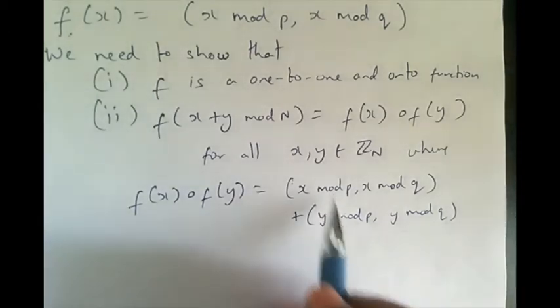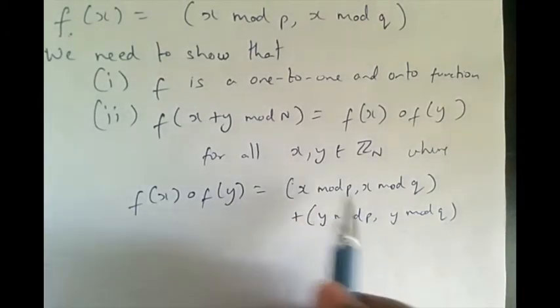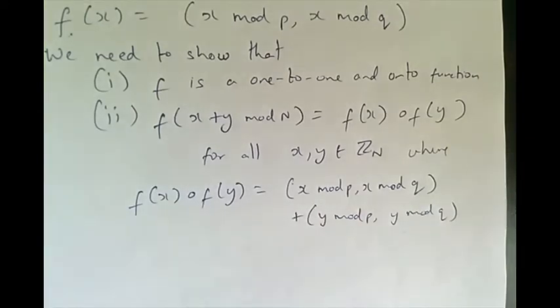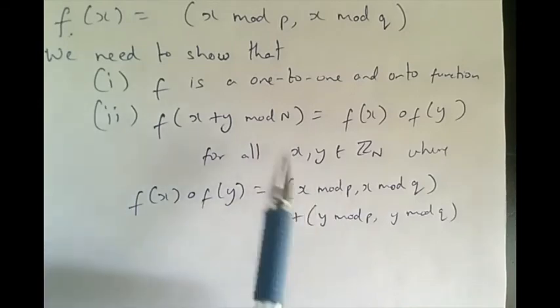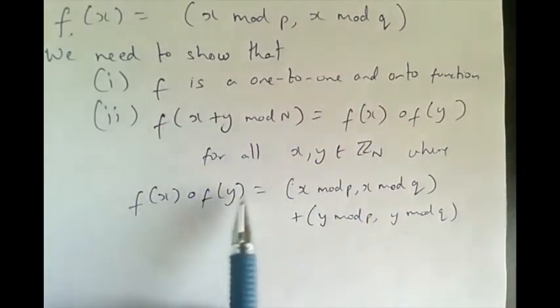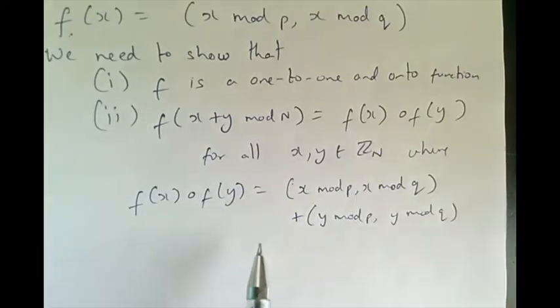So here it will be coordinate wise addition, and then we have to reduce it modulo p in the first coordinate and modulo q in the second coordinate. So we need to show this. The second part is easy to show. Let's argue the first part. This I will not do, because this is just a manipulation and you can check that it works out.